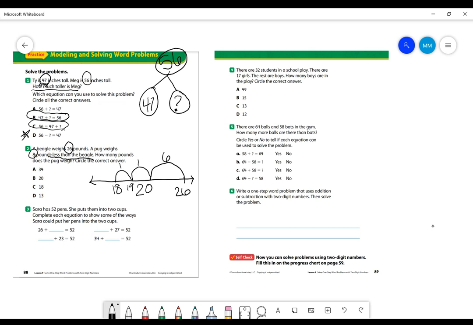So I had 26 for my beagle. And my jumps were how many pounds less the pug weighed. So 6 plus 1 plus 2, that was the 8 pounds less than the beagle. So how many pounds does our pug weigh?